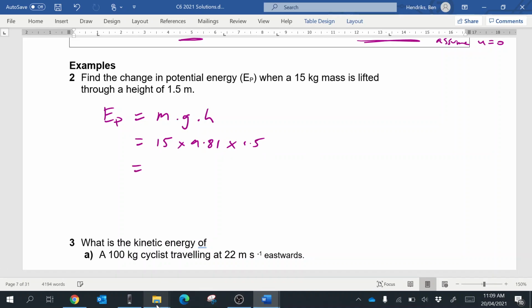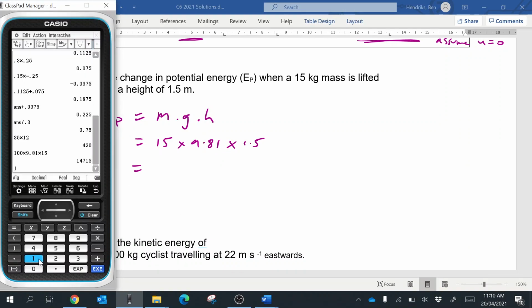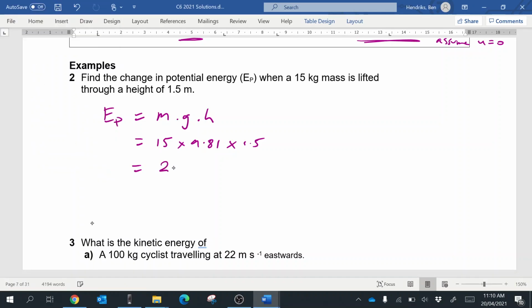Let's put that into our calculator, and we get 15 times 9.81 times 1.5, which is equal to, going to three significant figures, 221 joules.